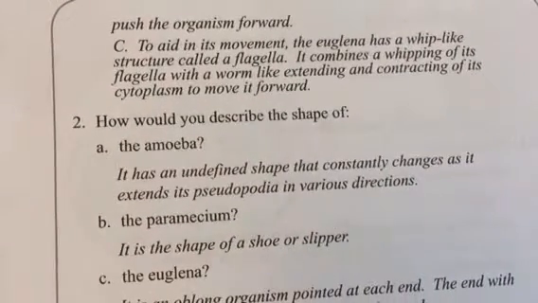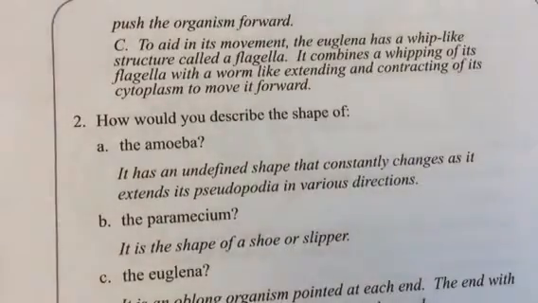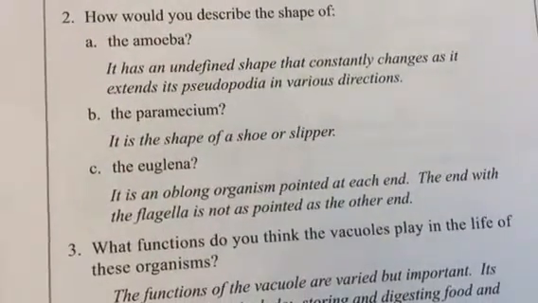Number 2, how would you describe the shape of the amoeba? Well, amoebas are pretty undefined. It looked like a tree in our book, but that was just a drawing. When you see it move, you notice that the shape changes constantly. It's like it's flowing. The paramecium is like a little shoe or a slipper. It's kind of rounded but kind of pointy on each end.